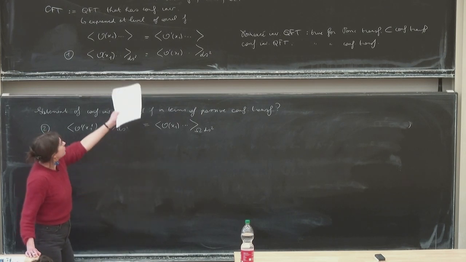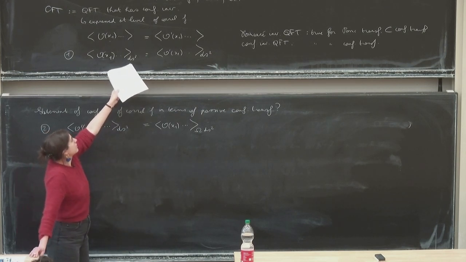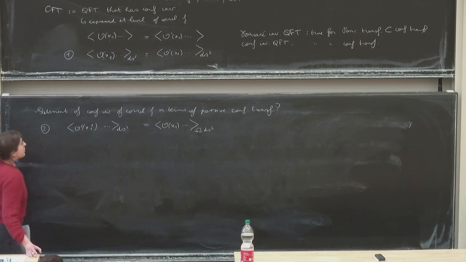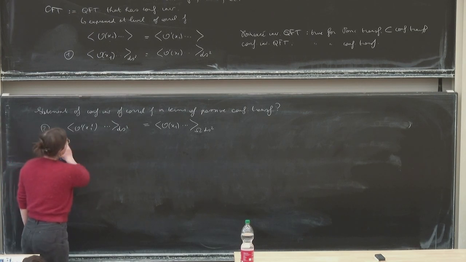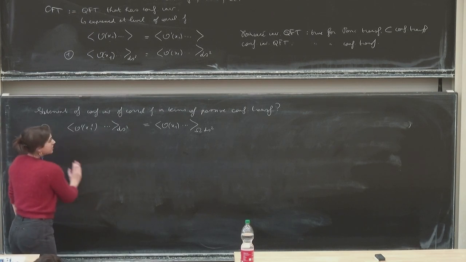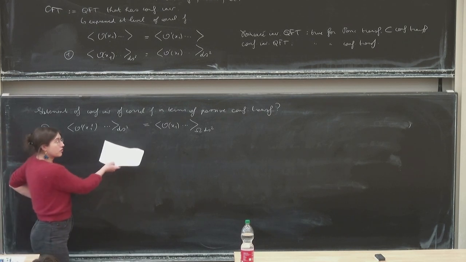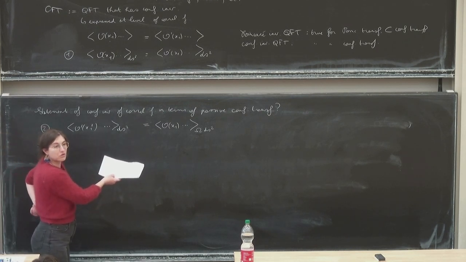And so now it's clear why here I went through the trouble of actually adding ds squared there. Because here you're relating correlators with a different background metric, but conformally related background metrics. Okay. And it's the second version of conformal invariance of the correlators that we will heavily use.